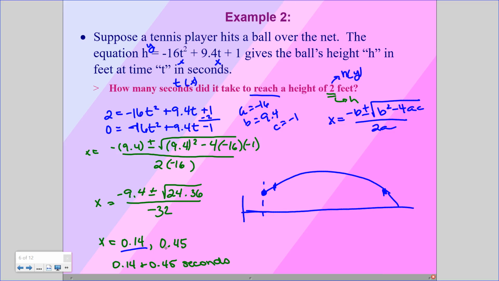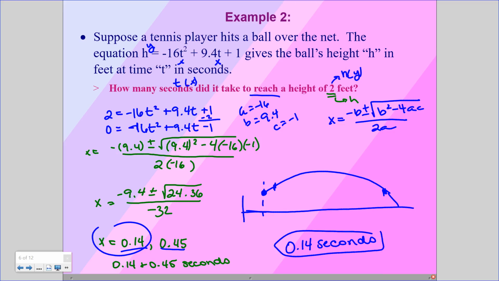On the way back down, it will reach 2 feet at 0.45 seconds again. So for this type of scenario, I would probably just give that it will reach 2 feet at 0.14 seconds. But it would be fine if you did state both times that it hits a height of 2 feet as well. So if you did say both times that it would happen, that would be okay as well.